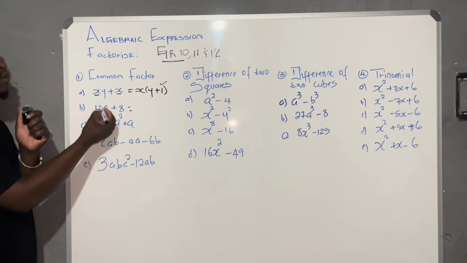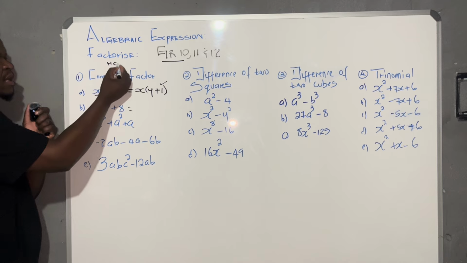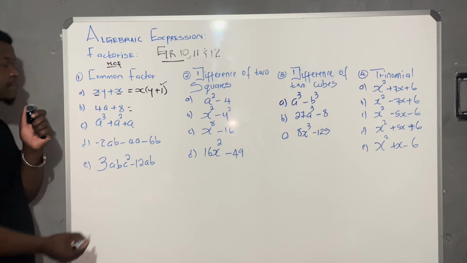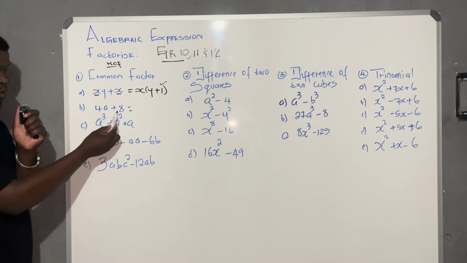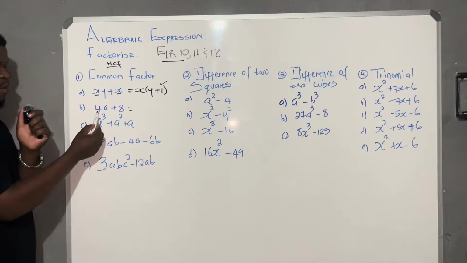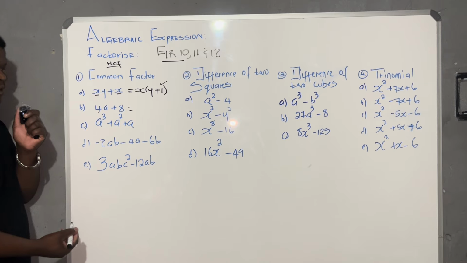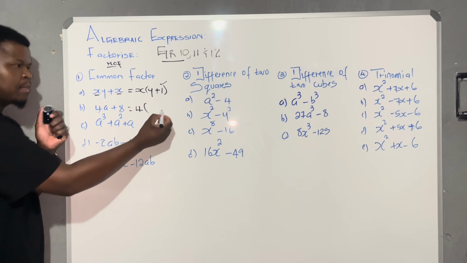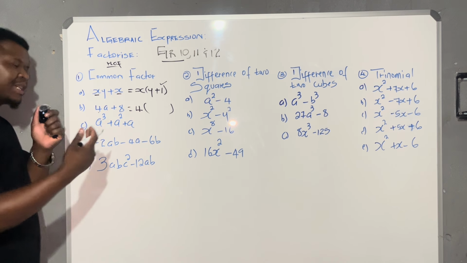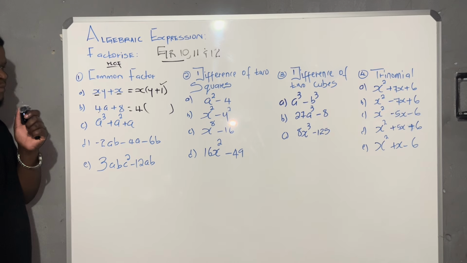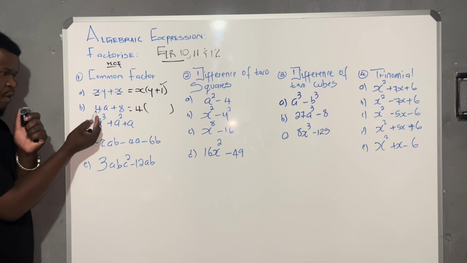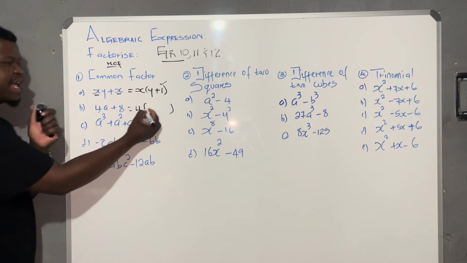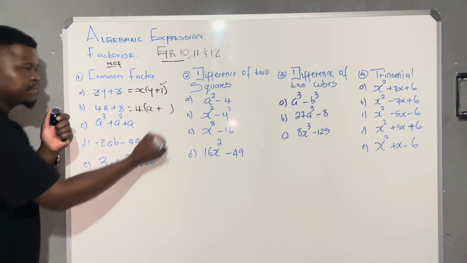So now we have to consider the highest common factor. The highest common factor between 4 and 8 is 4. So if I take 4 outside, indicate what is it that is remaining. So obviously, from 4a, if I take away that 4, a will remain.